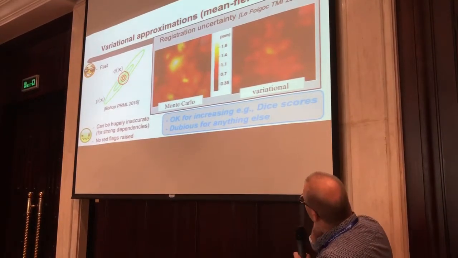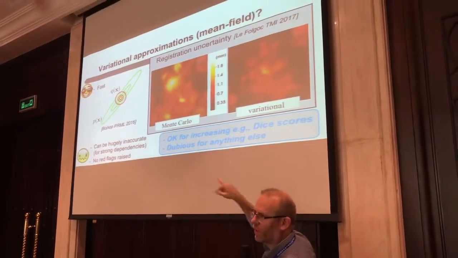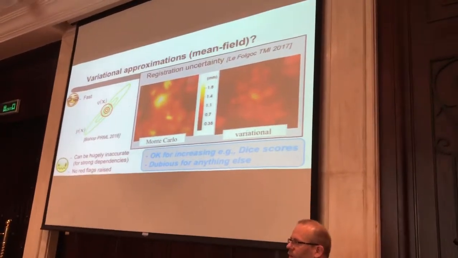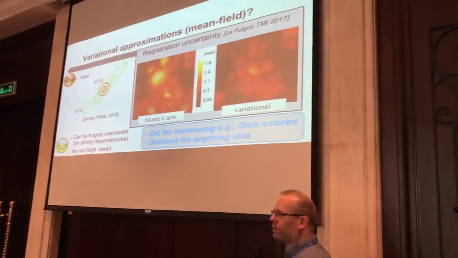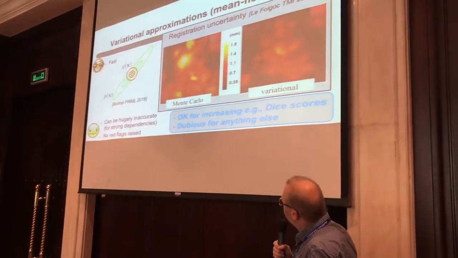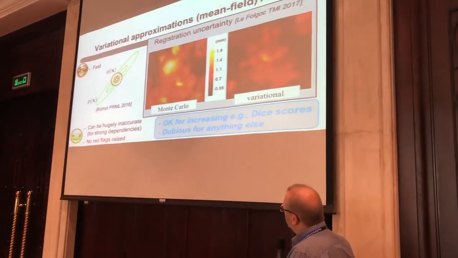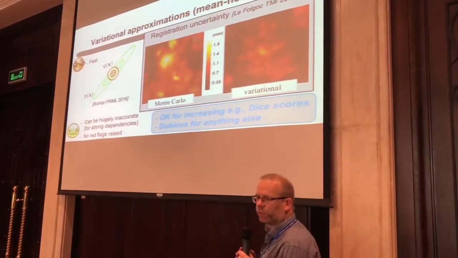Here is essentially how I think about variational methods. The good news is it's fast. It's an optimization problem: you do it and then you're done. The bad news is it can be hugely inaccurate, so you completely underestimate uncertainty, and that's a typical behavior of variational methods.